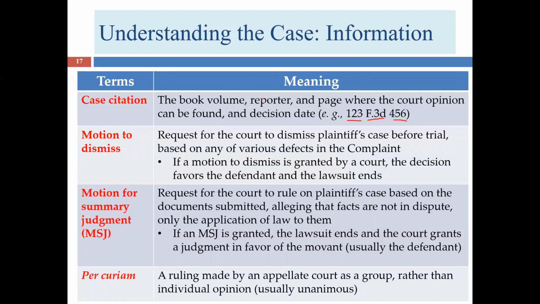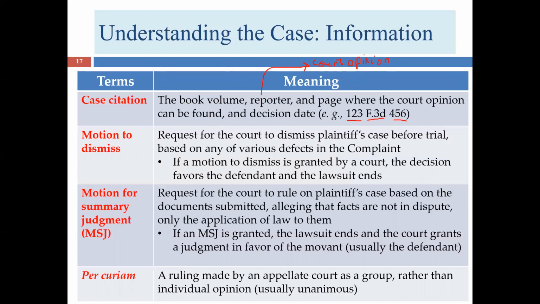Reporters, by the way, are the books where case decisions are printed. So these are the court opinion books where all court opinions are published. And again, you'll learn more about this, especially in legal research.